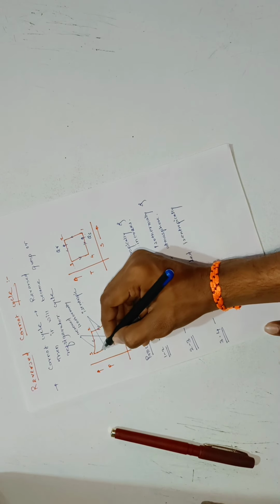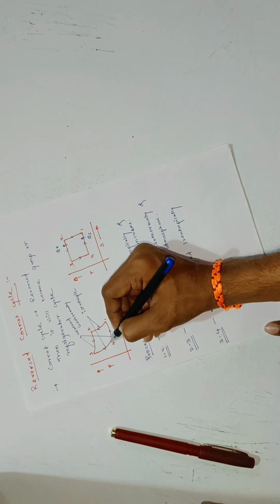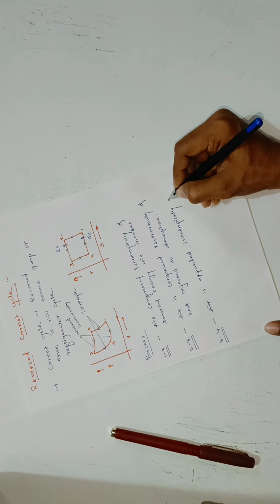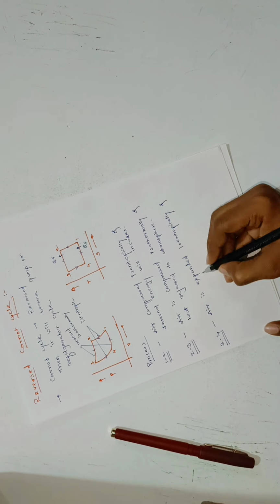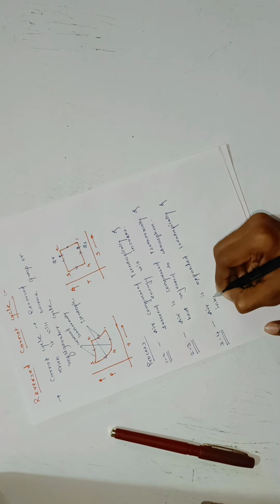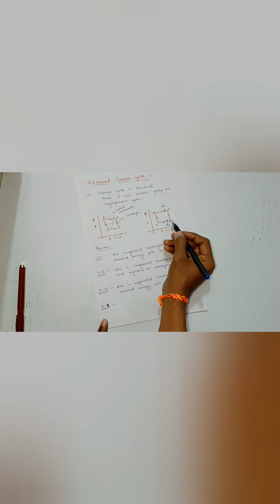Isentropically means it decreases, it will expand, and the internal energy will decrease. Next is the 4 to 1 process.